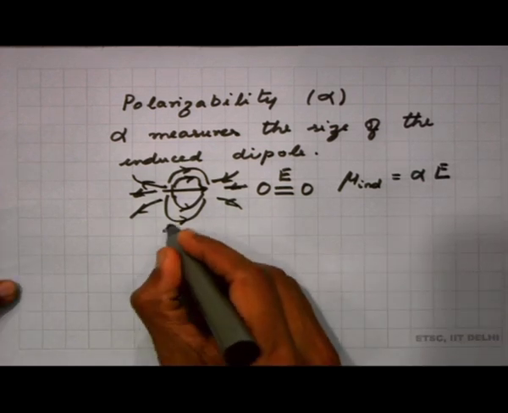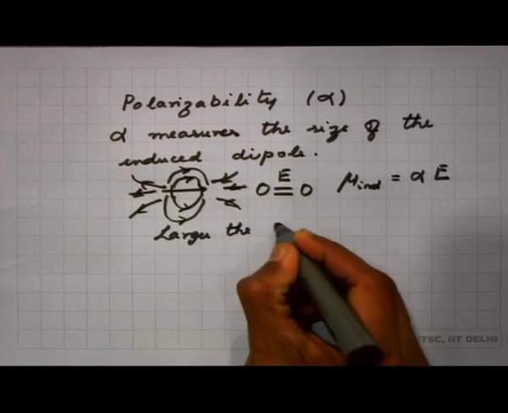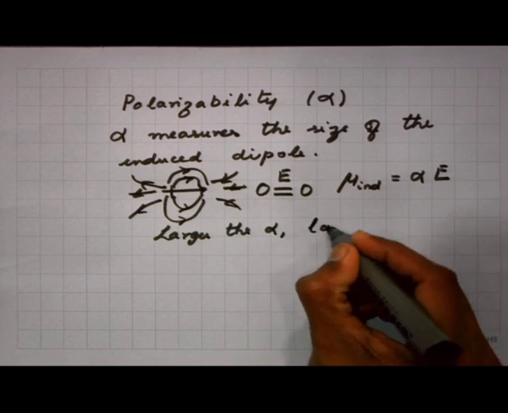So, larger the alpha, larger is the induced dipole.